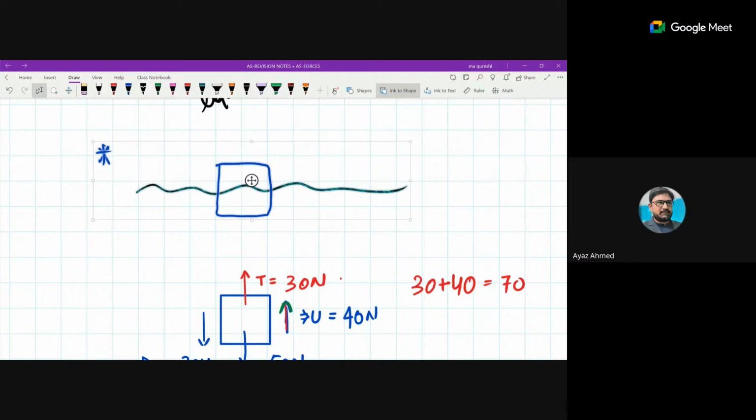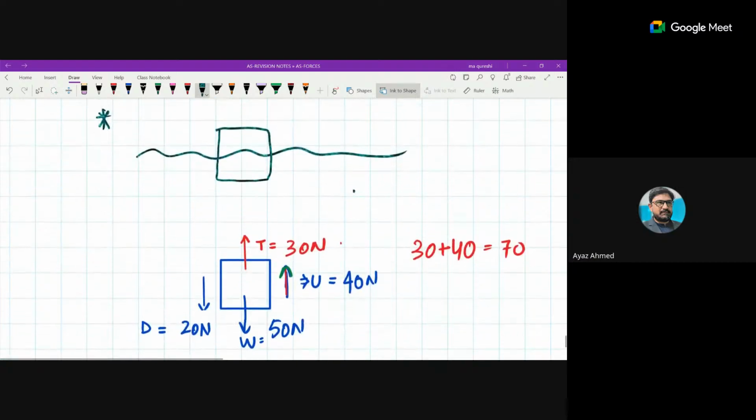At this position, what will happen? Weight is the same here. Weight does not change, so your weight is 50 Newton. Drag is reduced.